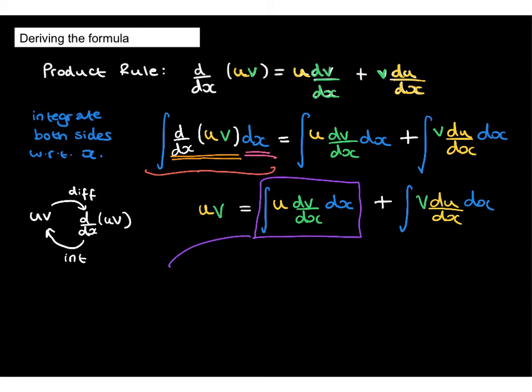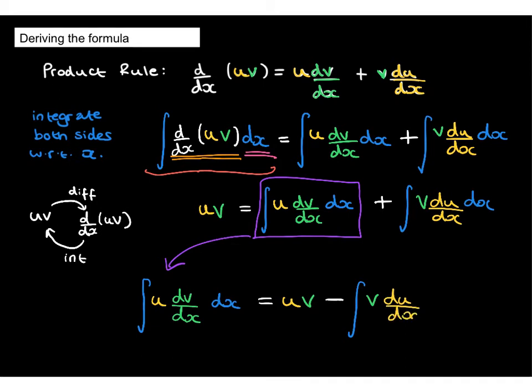So this then gives me the result: the integral of u multiplied by dv by dx with respect to x is equal to uv, the product of u and v, minus the integral of v multiplied by du by dx with respect to x.